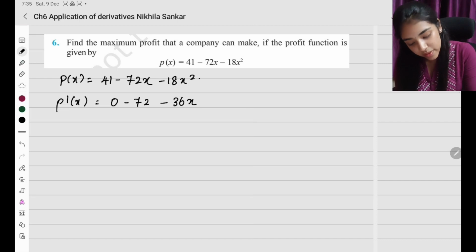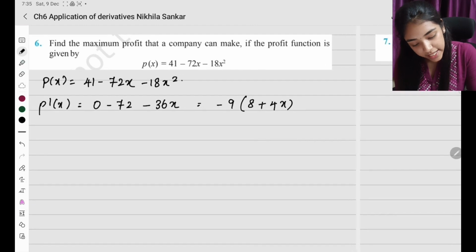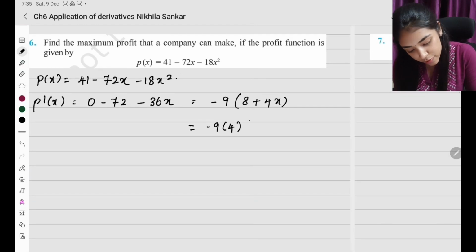So 36 and the power gets reduced by 1. So this is going to be minus, I can take 9 common. So 9 8s are 72 plus 9 4s are 36. So this is going to be minus 9 times 4 2 plus x. This is going to be minus 36 into x plus 2. So this is going to be my p dash of x.